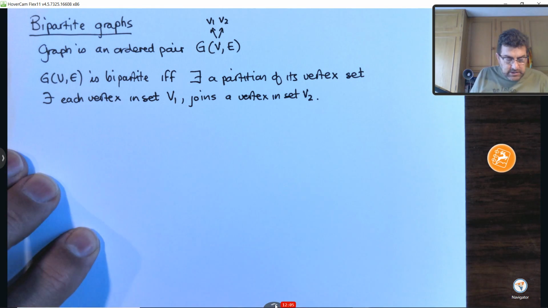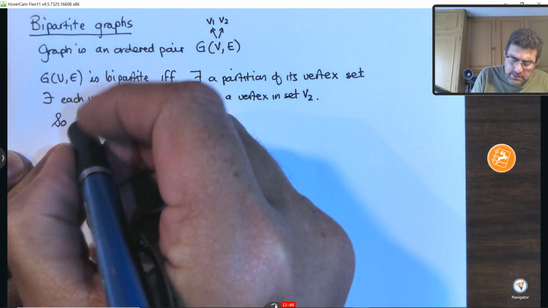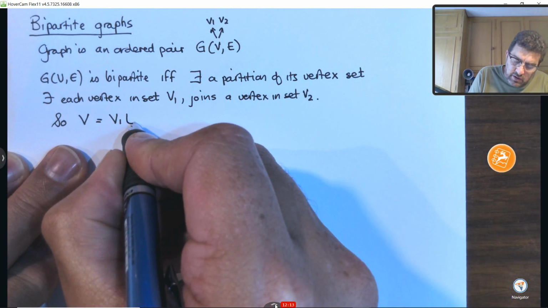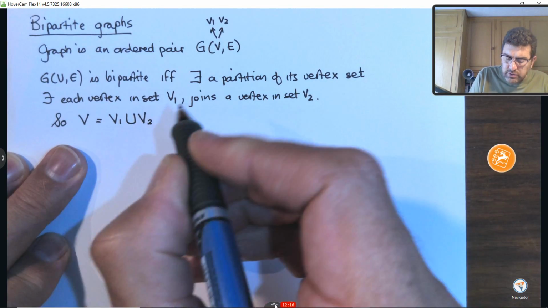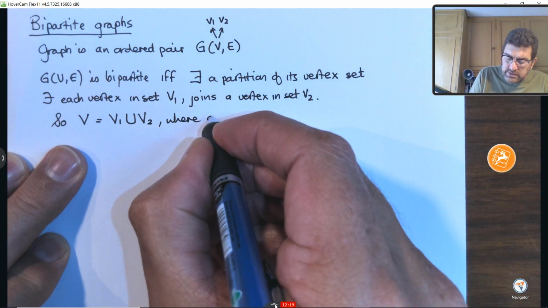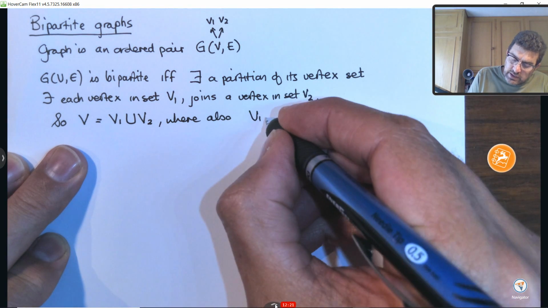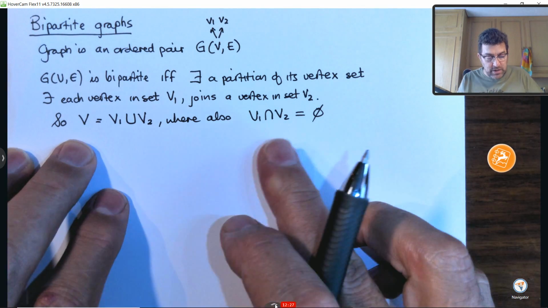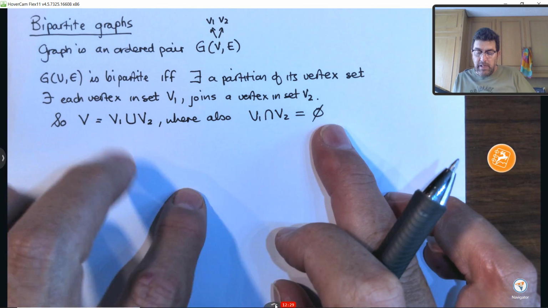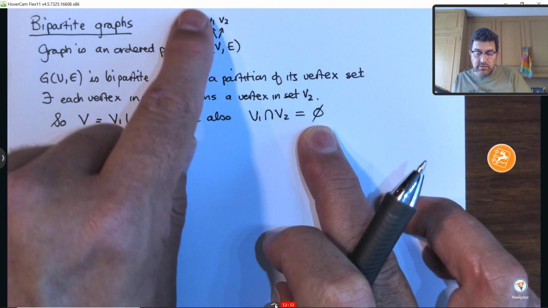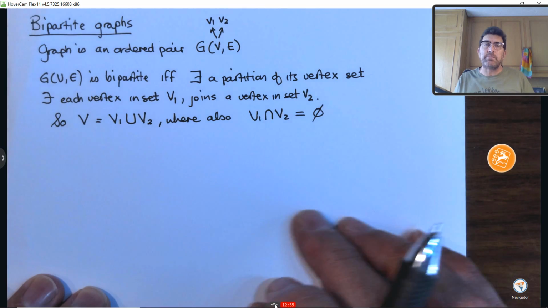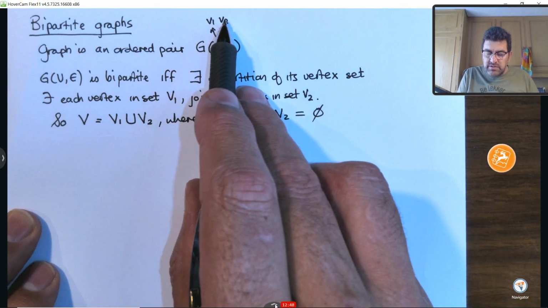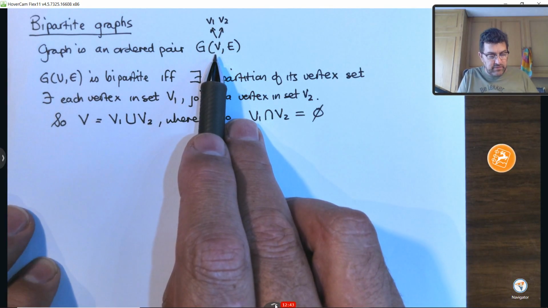So what does it mean? The vertex set can be written as the union of set V1 and V2, where also the intersection of those two sets is the empty set. So there's no intersection between set 1 and set 2; one vertex can't belong to both sets. That's basically what this is saying. If you add those two sets together again, you get the original vertex set.